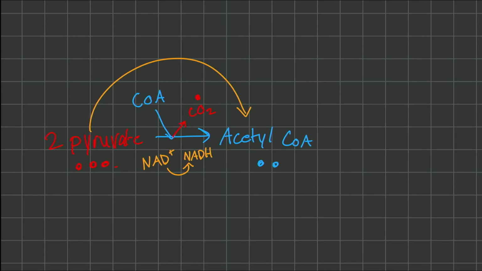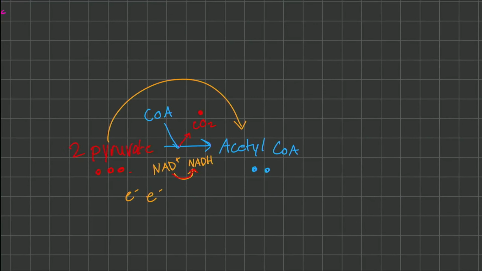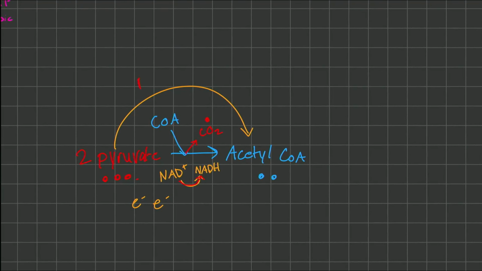So we're losing electrons from our pyruvate, and that's helping us with this reduction, because remember, to reduce NAD plus to NADH, we need electrons. So we're going to gain electrons and gain a hydrogen, and these lost electrons from pyruvate help us do this. And this whole entire process is called pyruvate oxidation.